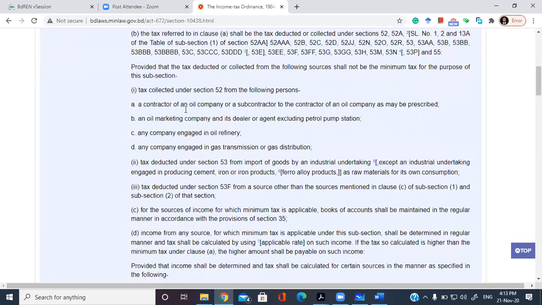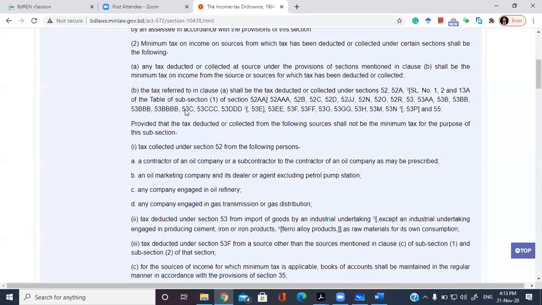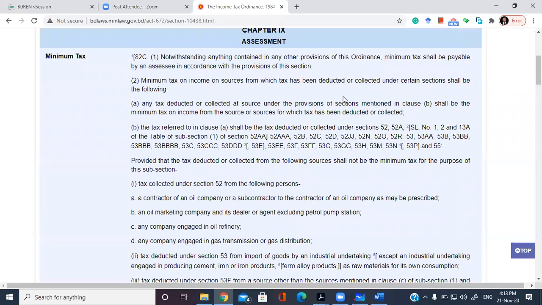Any tax deducted or collected at source under the provision of section mentioned in clause B shall be the minimum tax on income from the source or sources for which tax has been deducted or collected.